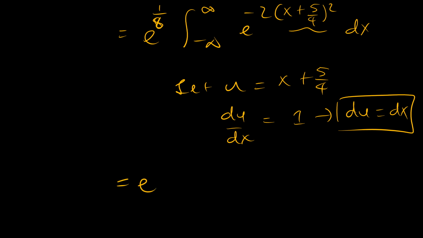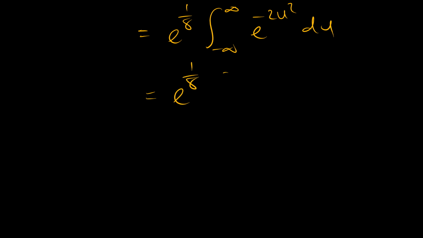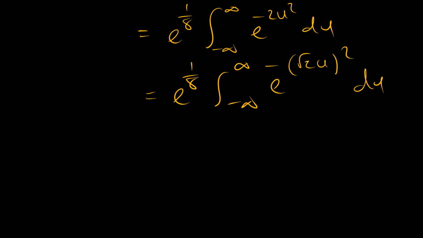So we have e to the power 1 over 8, integral from negative infinity to infinity of e to the power negative 2u squared du. Dx and du will just substitute for dx with du. So e to the power 1 over 8, negative infinity to infinity, e to the power negative root 2 u squared du.